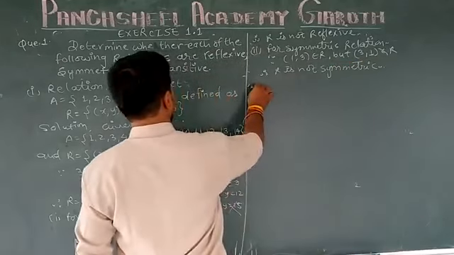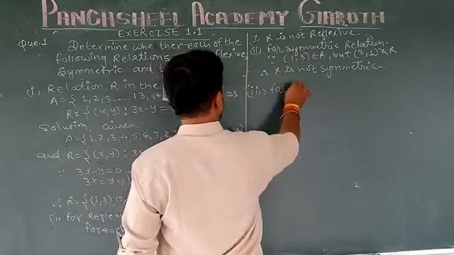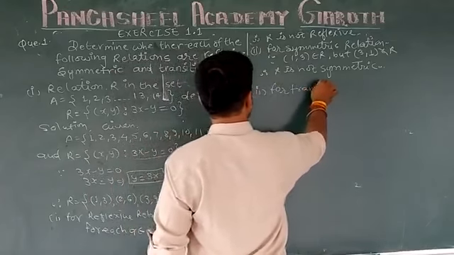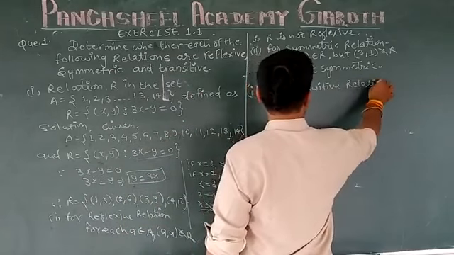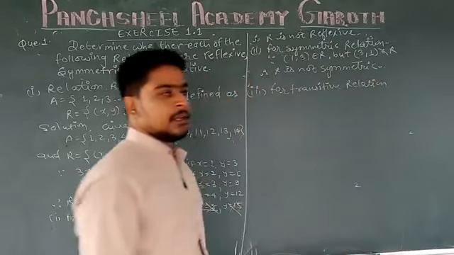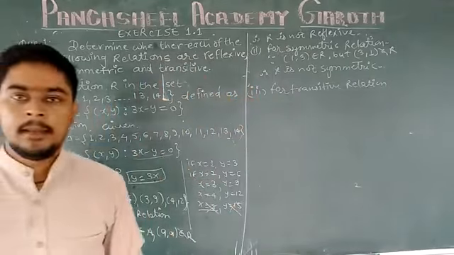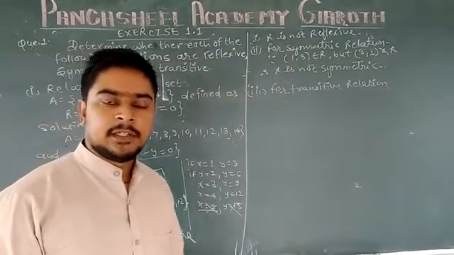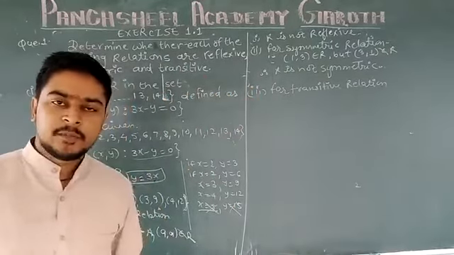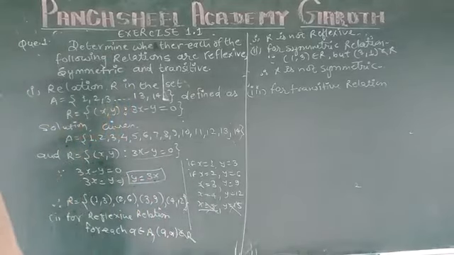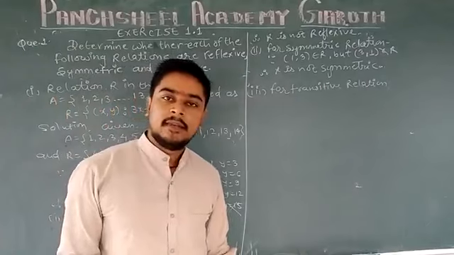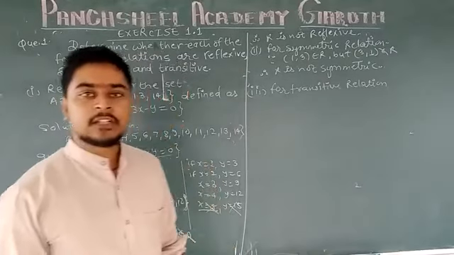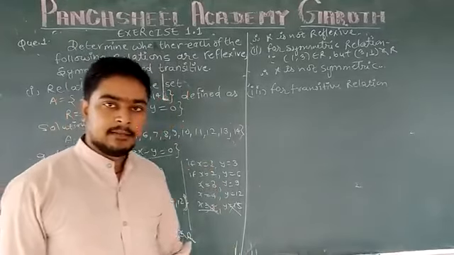In the third case, for the transitive relation, according to the transitive property, if (a, b) and (b, c), two ordered pairs, belong to R, and there exists another ordered pair (a, c) belonging to R, then we can say the given relation is transitive.